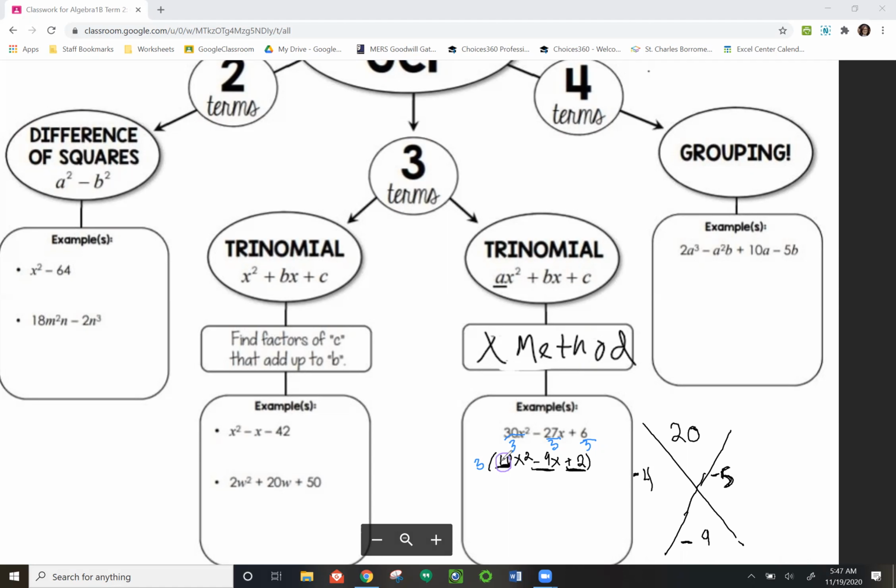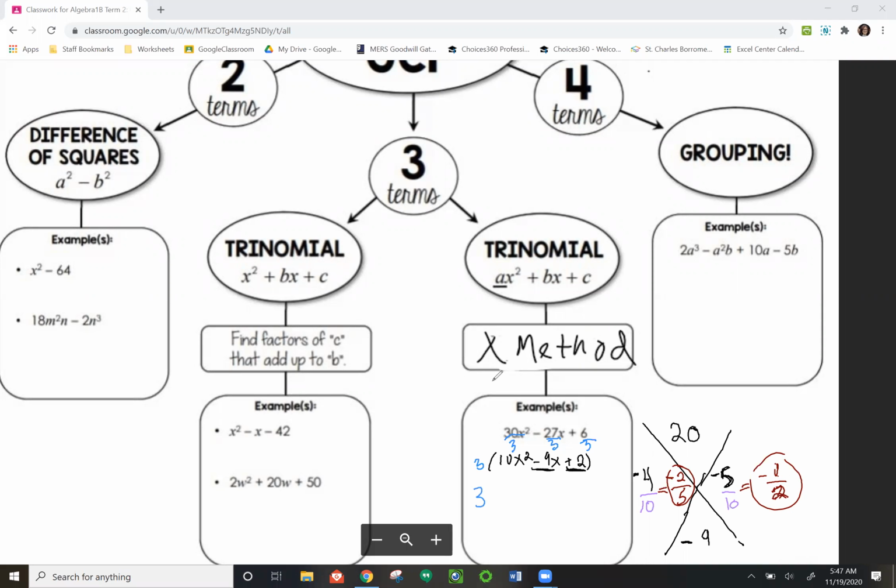From there, you're going to divide by that a, and that was 10. So we'll divide by a and we'll simplify. What do these fractions simplify to? Well, -4/10 you can divide out by 2, giving -2/5, and then -1/2. I'm going to use these numbers to build my binomials.